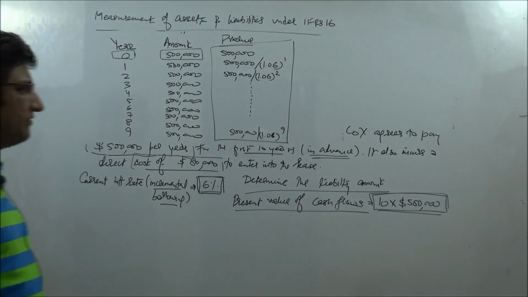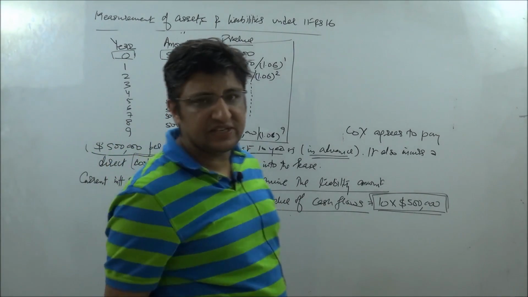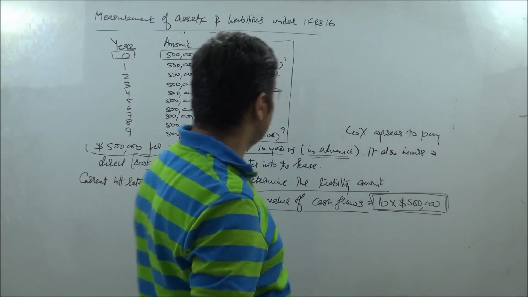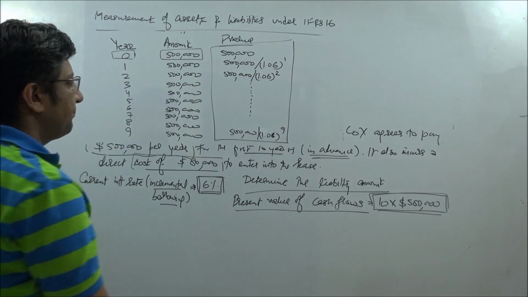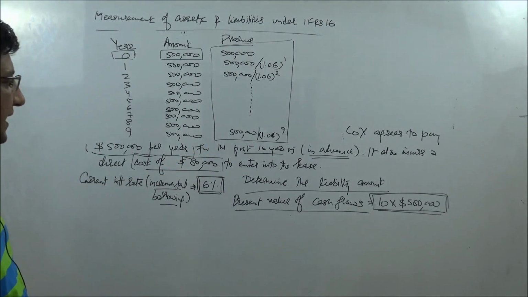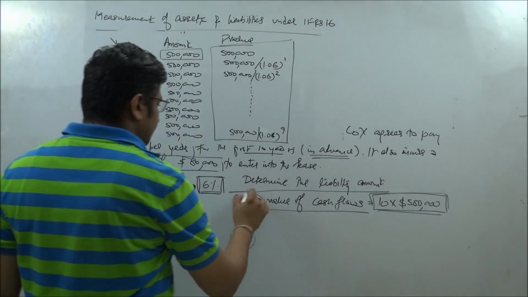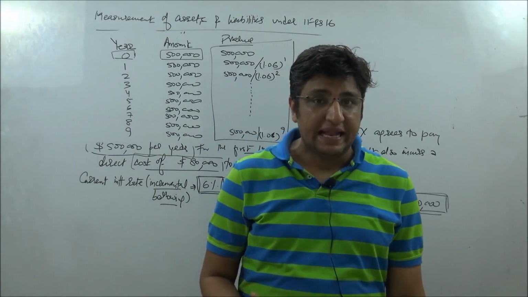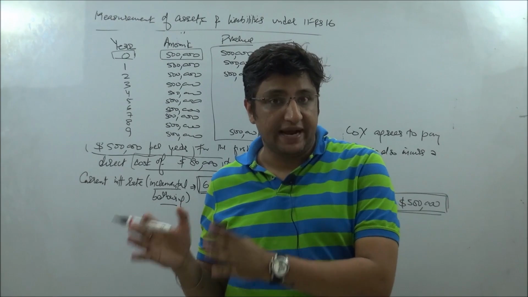Of course, we use different tools. Excel sheet, of course, is one of the easiest ways to calculate these amounts here. So whatever this amount comes to, we don't want to worry too much about that, but that becomes the first value of your liability as well as your asset.